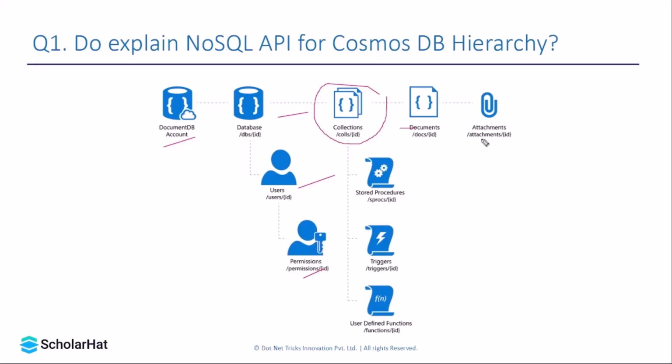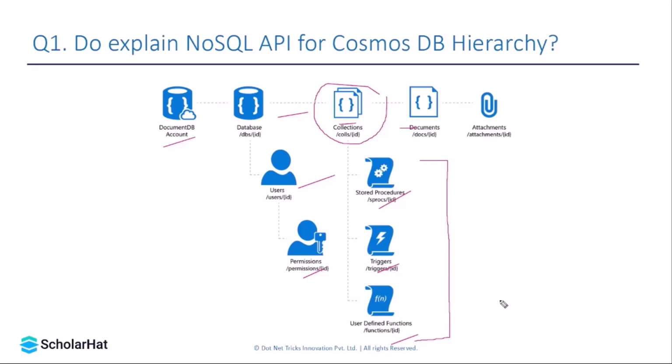So let's say you are working on an employee collection: the employee would be a collection over here and an employee ID would be a document inside the collection. A collection can have a stored procedure, triggers, and user-defined functions. As you can see, Cosmos DB is capable of creating and executing all these different kinds of stored procedures, triggers, and functions.